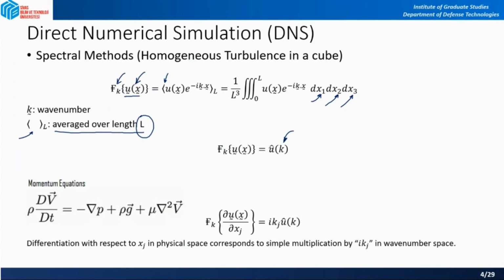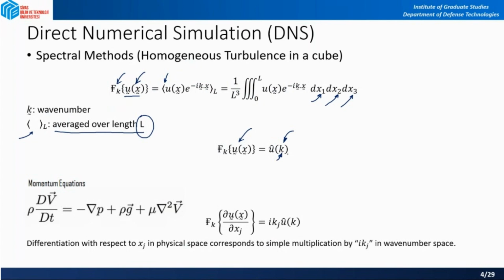So this fk actually determines the coefficient of the Fourier mode of wave number k. You remember that when you want to represent some periodic function as Fourier modes, you would get some coefficients for each term inside the Fourier representation.